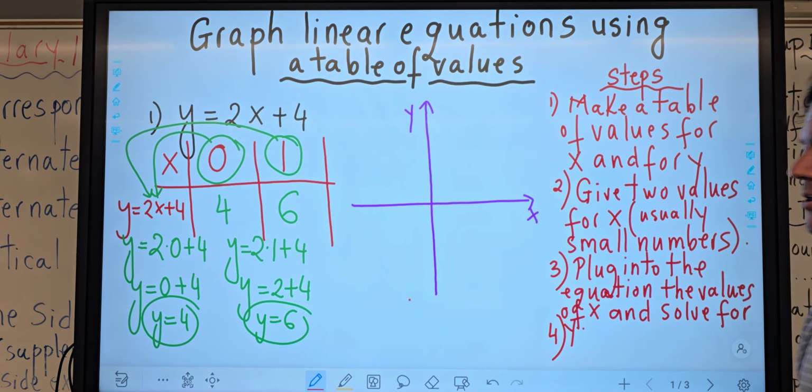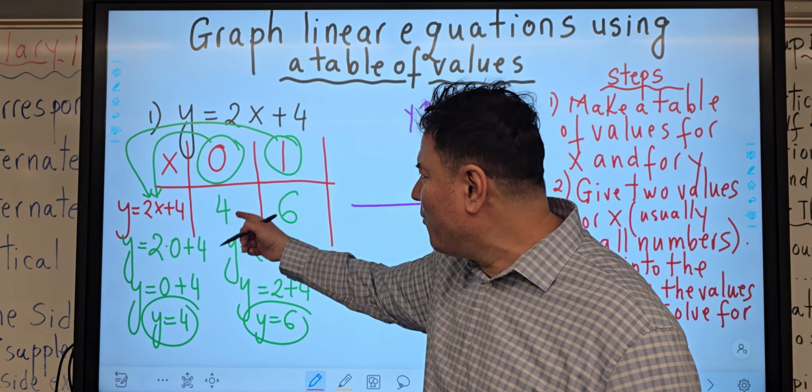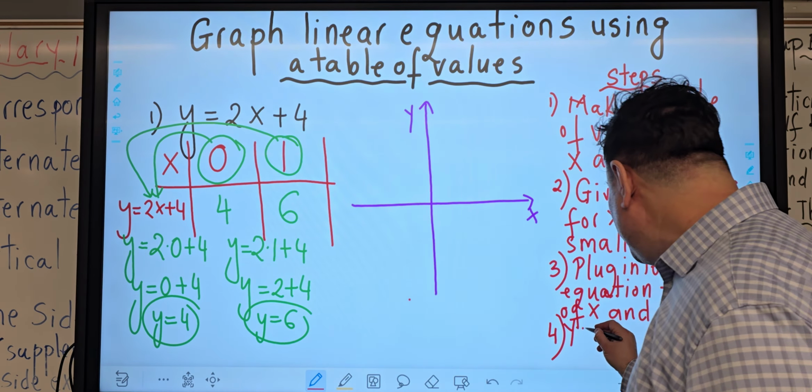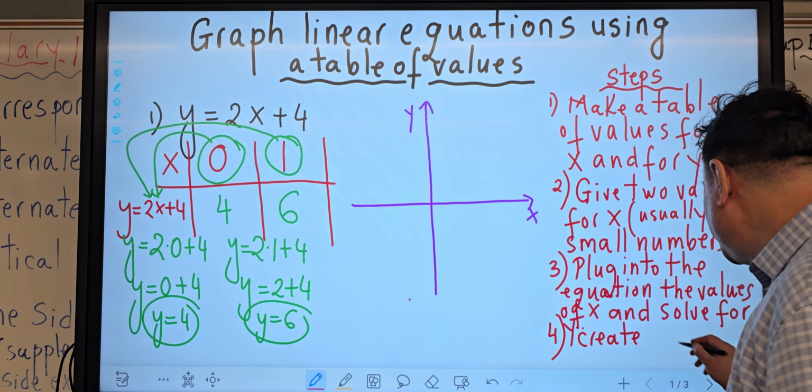Step number 4 would be to create the order pairs 0, 4, and 1, 6, and then plug it into the graph. So create order pairs.